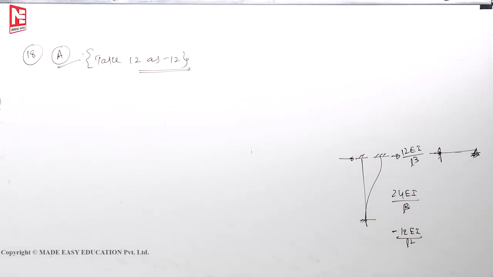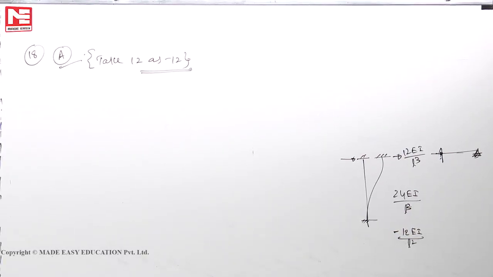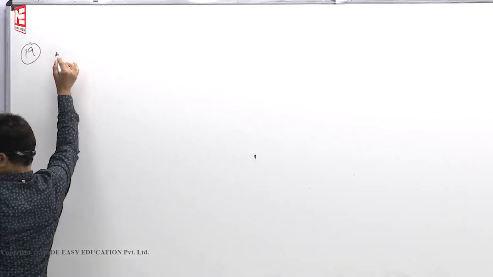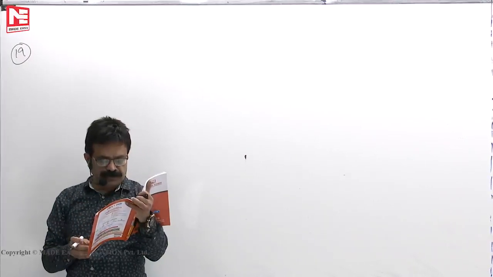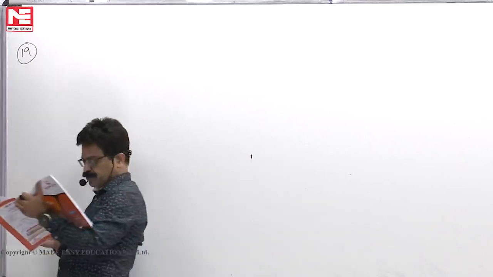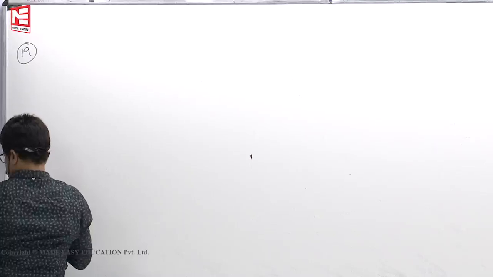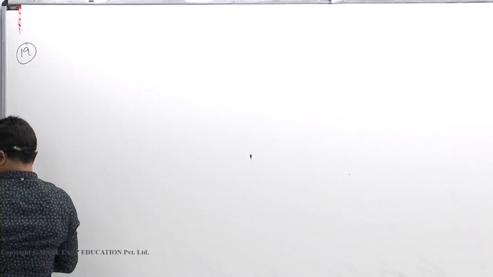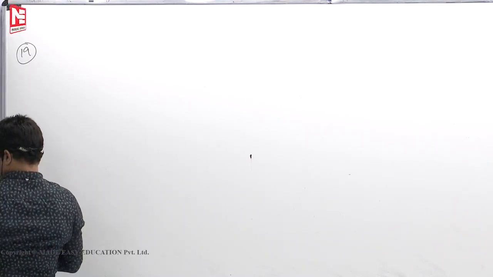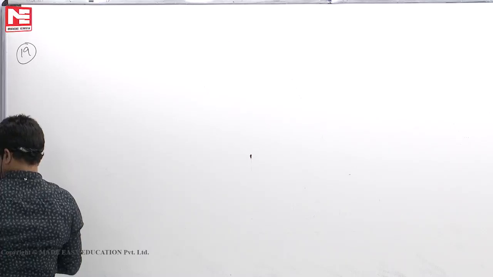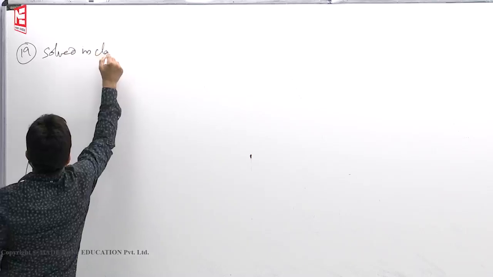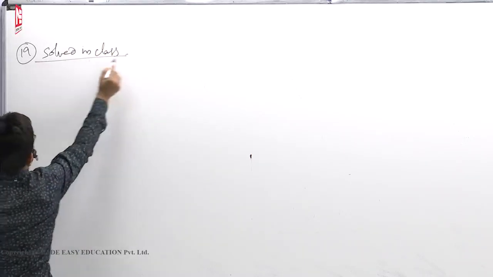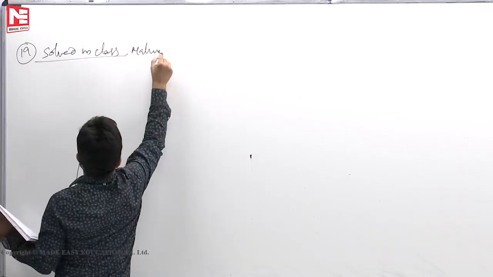Now let us see the 19th question. We solved it in the class. We have taken 24EI delta by L cube and 2, minus 1, minus 1, 2. 19th solved in class, matrix methods.